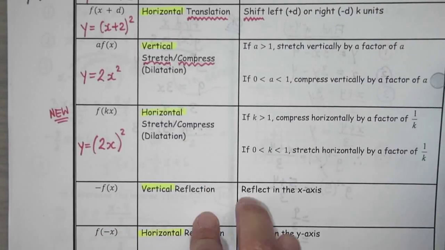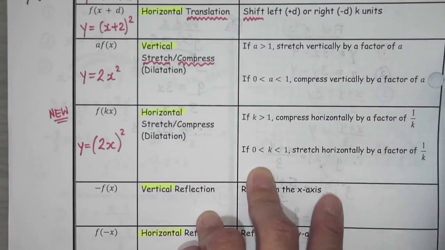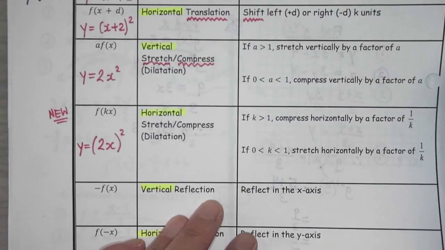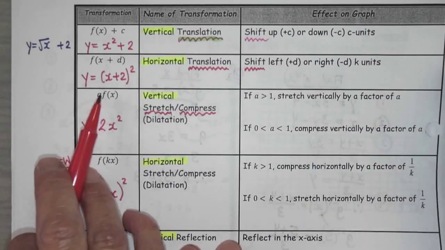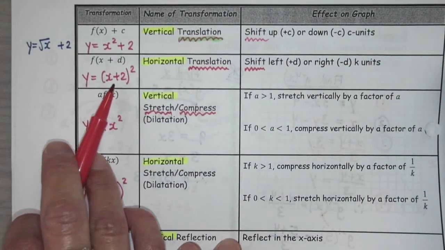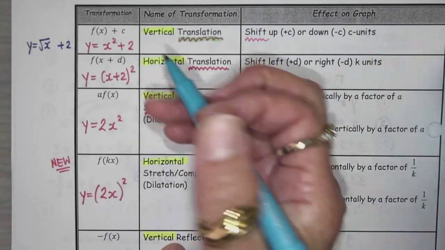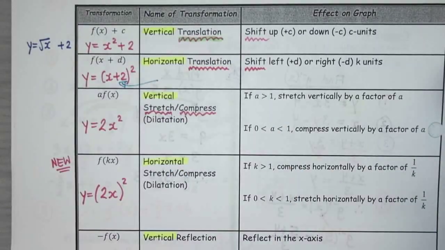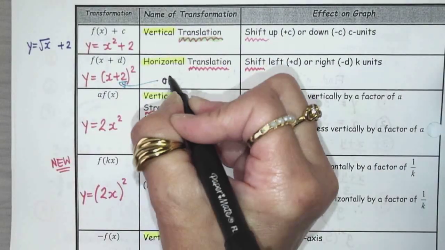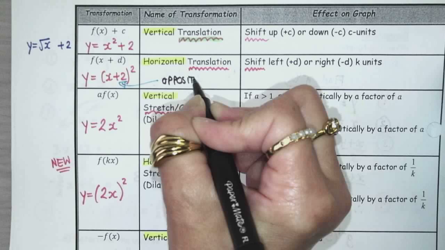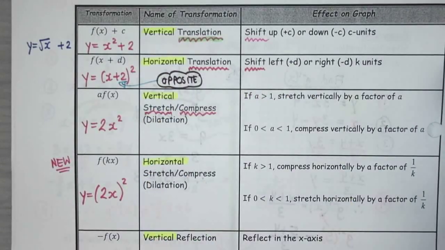Now, the funny thing with horizontal, the reason why they didn't introduce it last year, because it was a bit too much, is that it's always opposite, right? So look, that is left 2. Does that make sense? Left 2, opposite, right? Opposite operation. So it's -2.